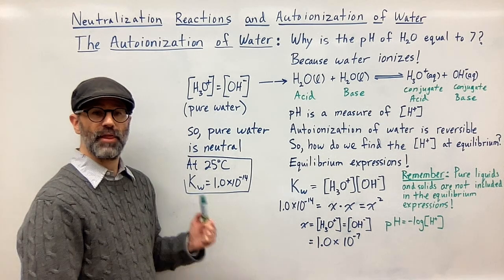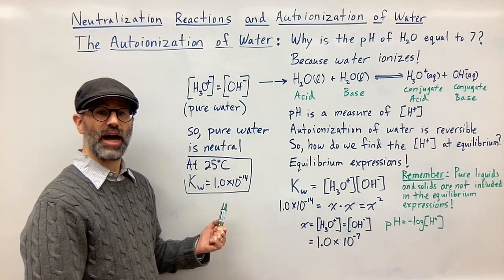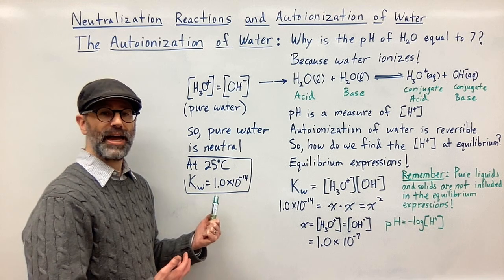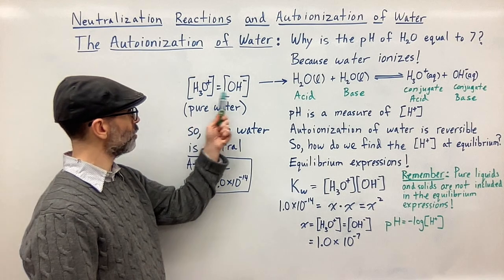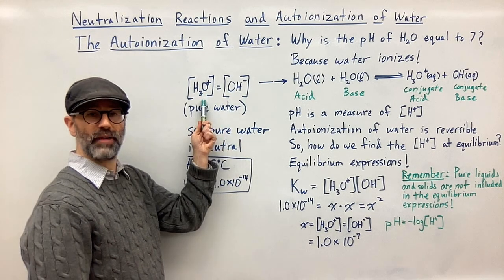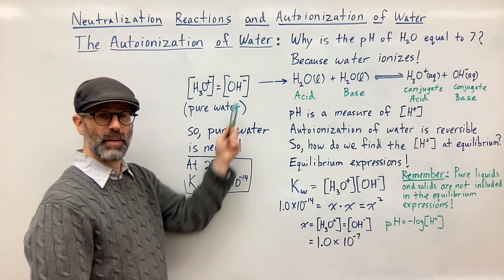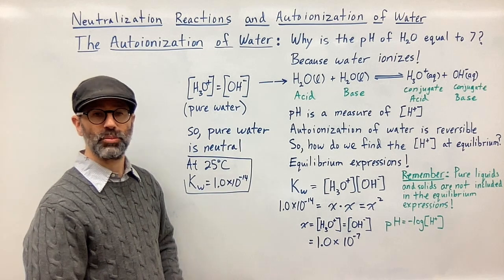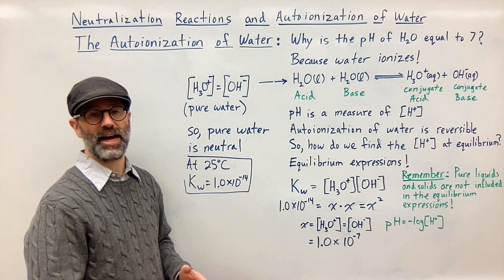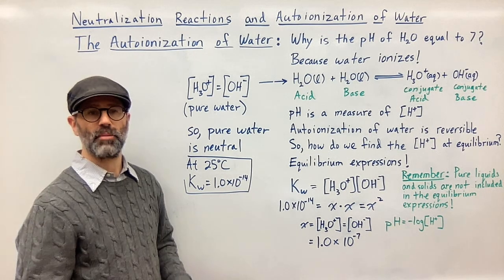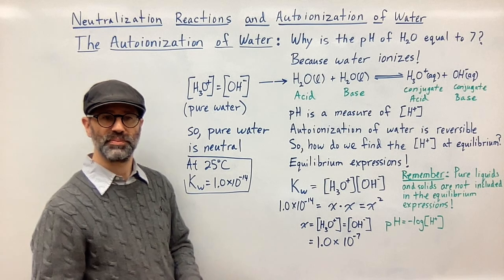But that doesn't mean that you're now going to have an acidic water or basic water, because no matter what, the number of H plus and OH minus are always going to be equal in pure water. It's just the amount of each of those you're going to have is going to be different. I'll talk more about that in just a moment.